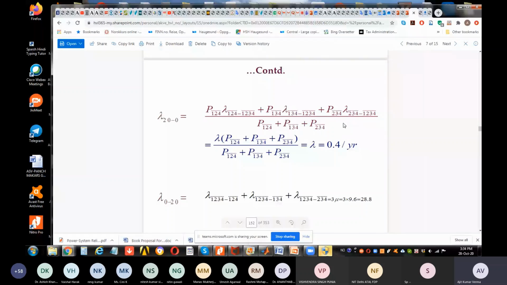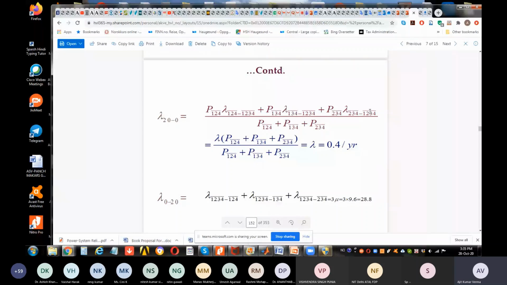Unit 3 fails, that is single failure. 1, 3, 4 to 1, 2, 3, 4, yes, that's possible, 2 fails, single unit failure. 2, 3, 4 to 1, 3, 4, yes, 1 fails, that's failure rate, and that's single failure. So there is failure rate lambda here, lambda here, lambda here.